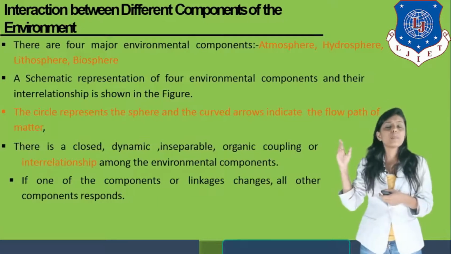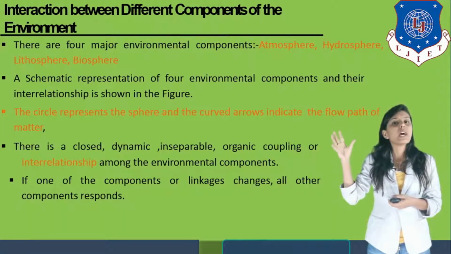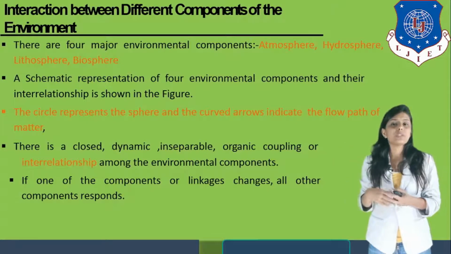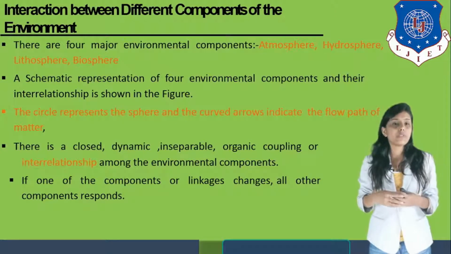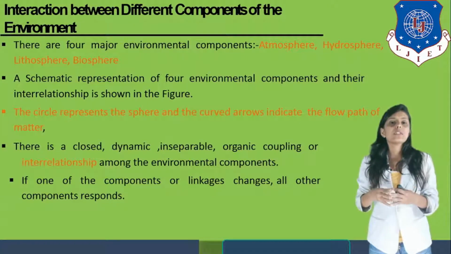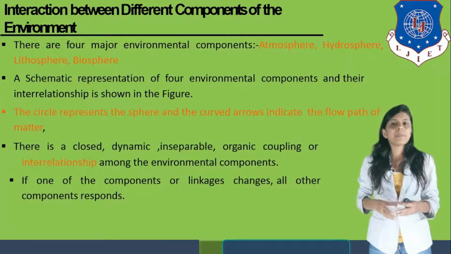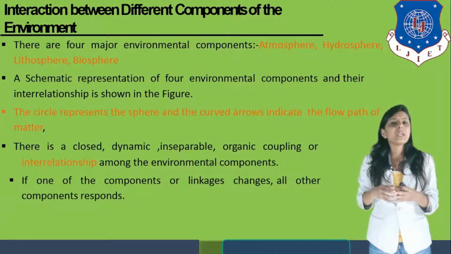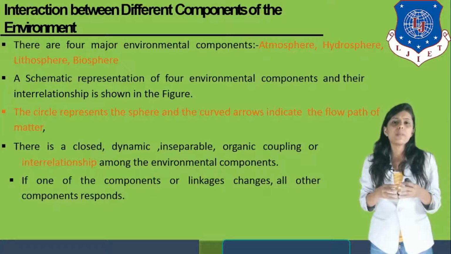Now, there are 4 major environmental components: atmosphere, hydrosphere, lithosphere, and biosphere. A schematic representation of the 4 environmental components and their interrelationship is shown in the figure. The circle represents the sphere and the curved arrow indicates the flow path of the matter, as I have told you earlier. There is a close, dynamic, inseparable, organic coupling or interrelationship among the environmental components.